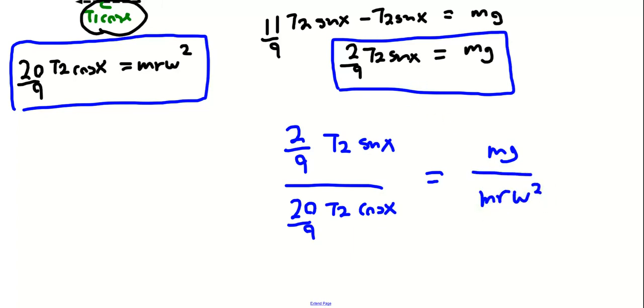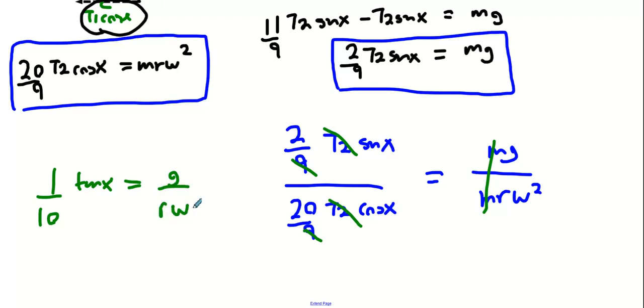I'm hoping that a lot of things will cancel here. The 9s will cancel, so I'm going to get 1 over 10 tan X. And that is going to equal, the m's are going to cancel, g over r omega squared.